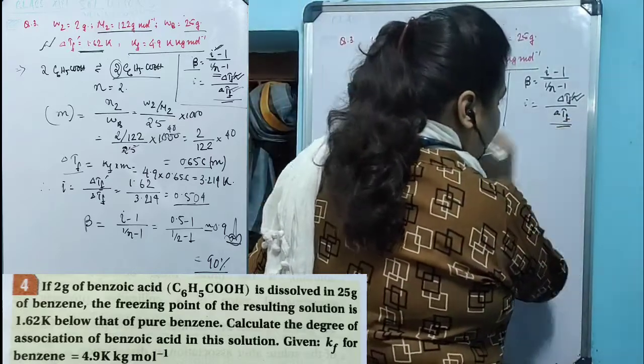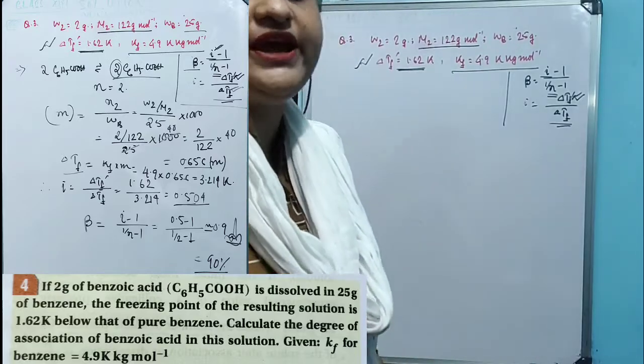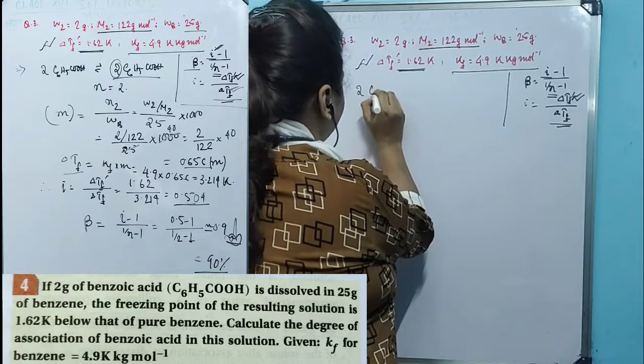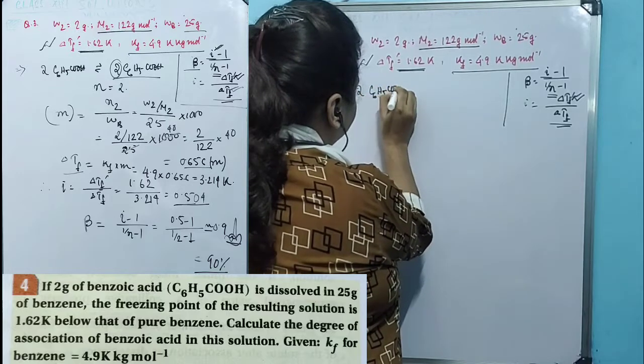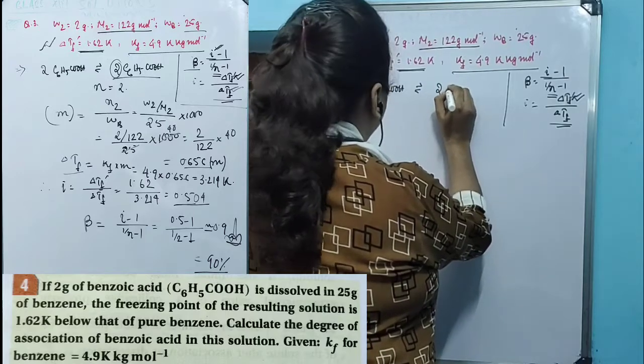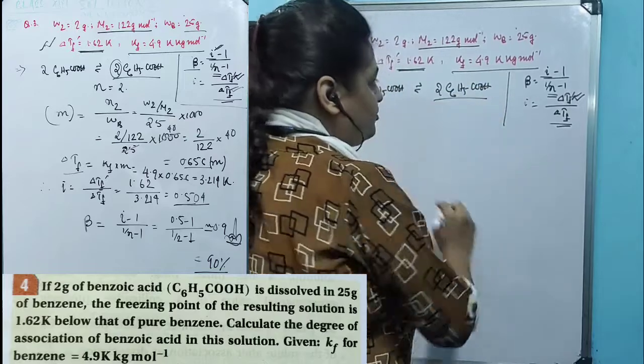N is the total number of molecules of benzoic acid that have associated. Now, 2 molecules of benzoic acid associate to form the dimer of benzoic acid.